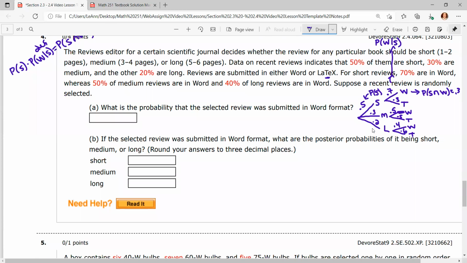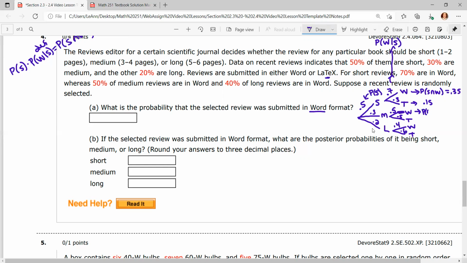Whoops. Let me go down. I'm going to write that a little bit smaller. WebAssign doesn't give me a lot of room when I download these to write. So I could go through and do this for each of these. I'm going to just write them out. I'm only going to label a couple of them because I'm looking at the wording of the next question part after we get this done. So this one would be 0.15. I'm going to label this one.